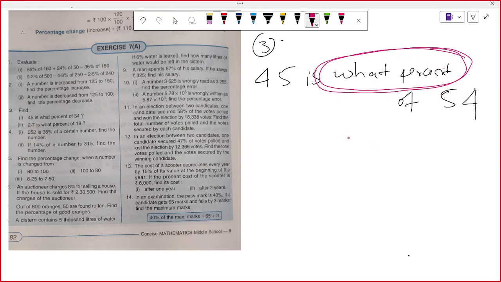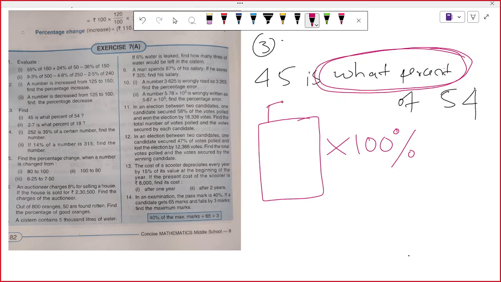How do you find the percentage of any value? Fraction multiplied by 100%. Remember I told you all, before calculating percentage, the fraction is important.